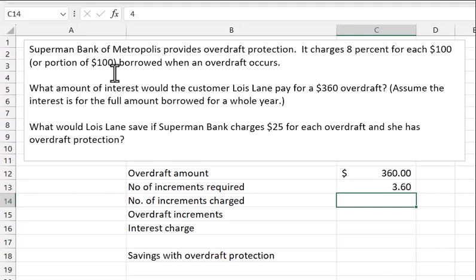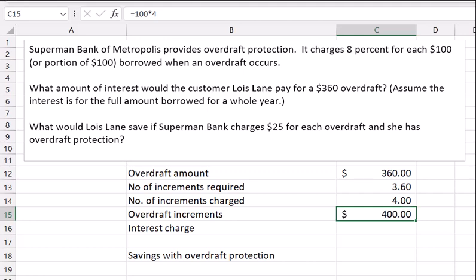So we need to round up once we exceed a round number. If it was 3.00, we would only have 3 increments, but if it's 3.01, we have to round up to 4. So we make the number of increments 1 greater, since 3.6 is greater than 3. Okay, so the number of increments charged is 4.